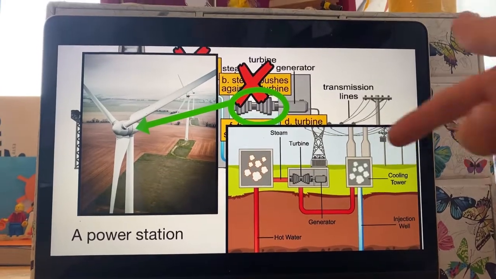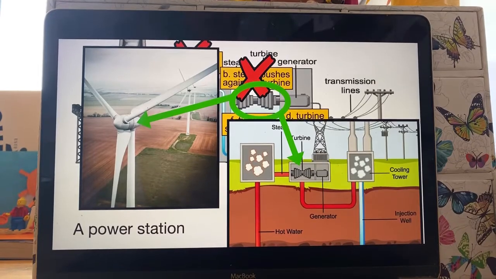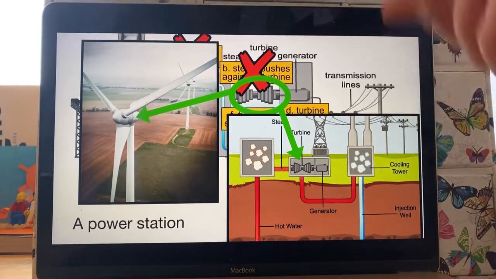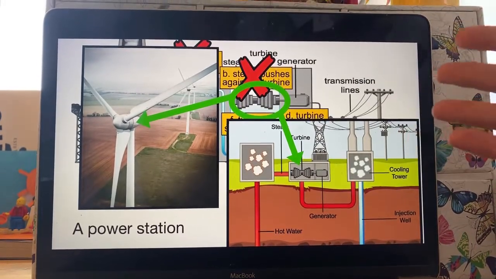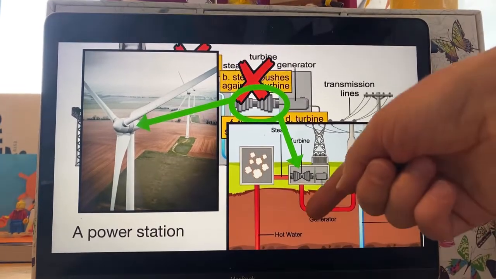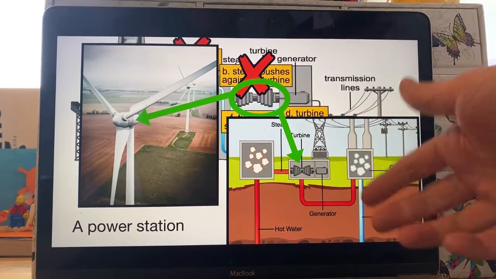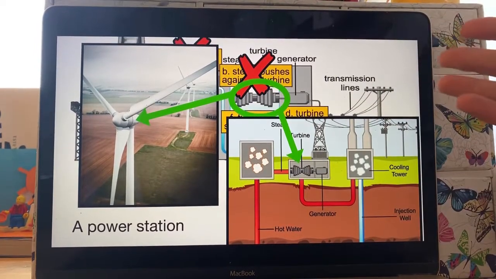And we also looked at geothermal as well, which is where you just put water into the ground and it gets hot and that turns into steam and that pushes the turbine. So again, well, I was going to say no carbon dioxide emitted. That's not true, is it? We've found that there is carbon dioxide and other gases in the earth that this process does release into the atmosphere, which is kind of bad.